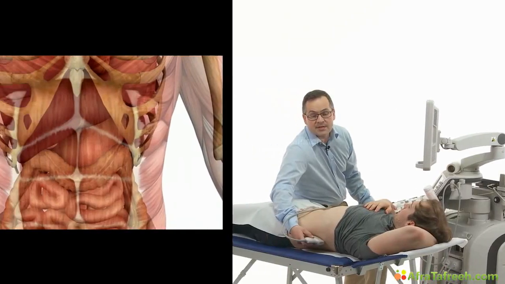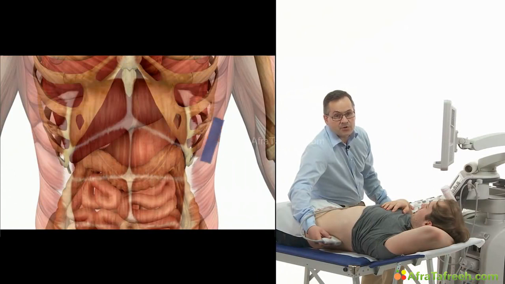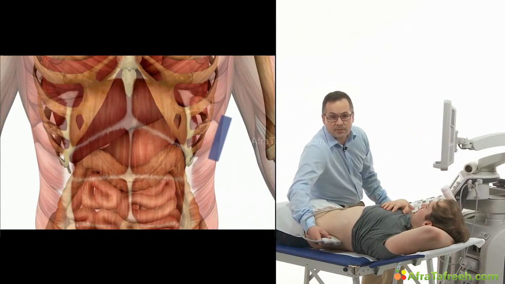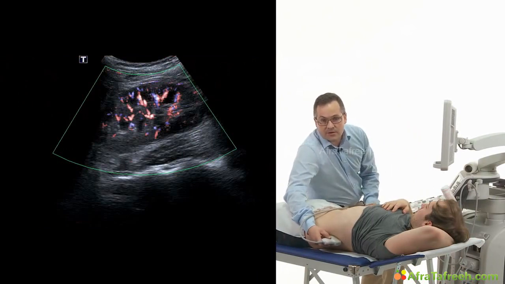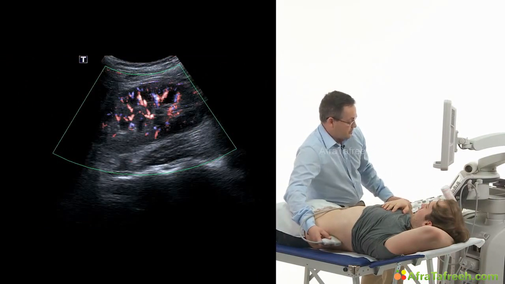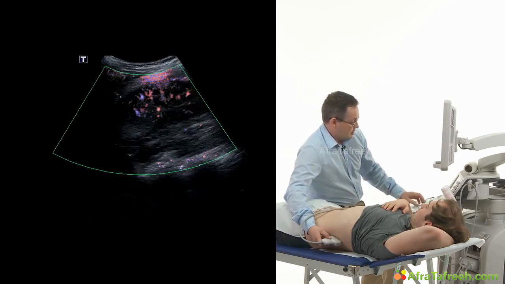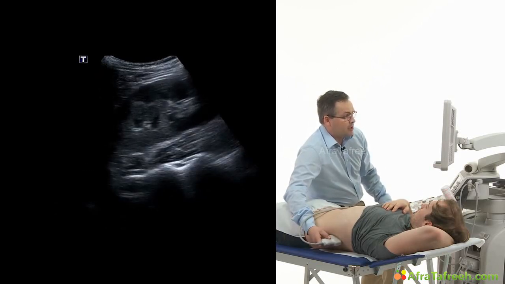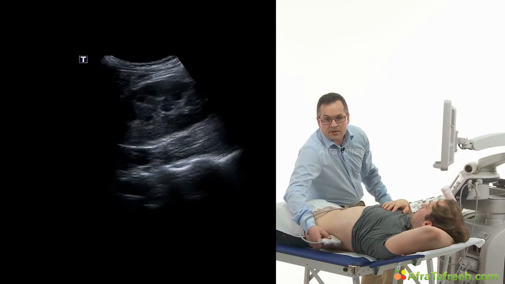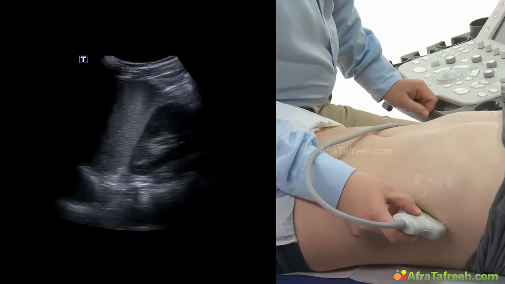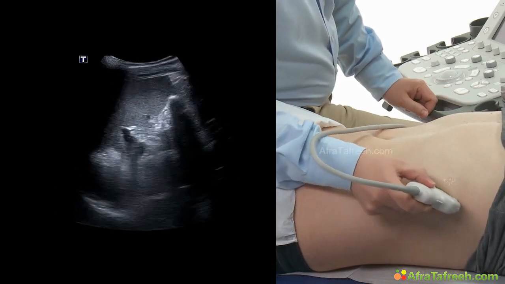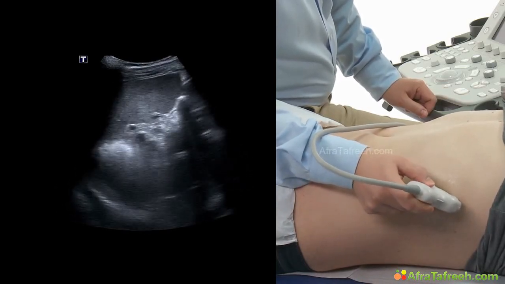We go on with the scan of the spleen. The procedure to find the spleen is quite similar to the procedure we use to find the left kidney. So the probe is placed in an intercostal space, and after we scanned the left kidney, we elevate the transducer one intercostal space and maybe another one to find the spleen.